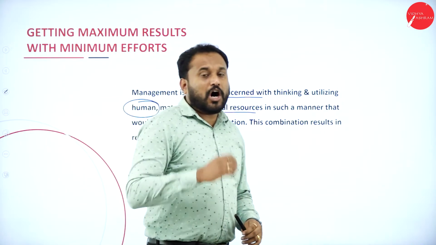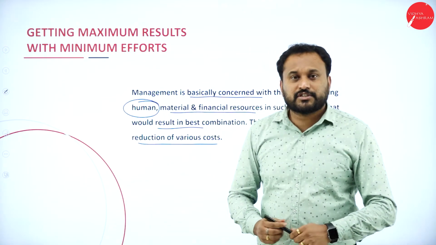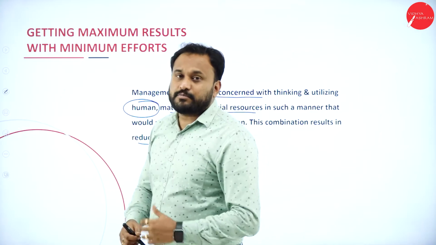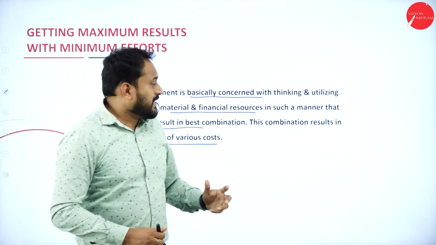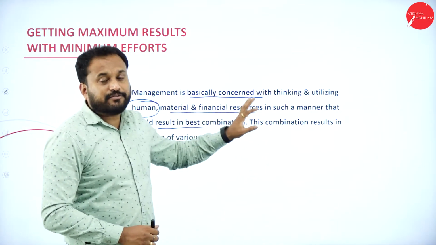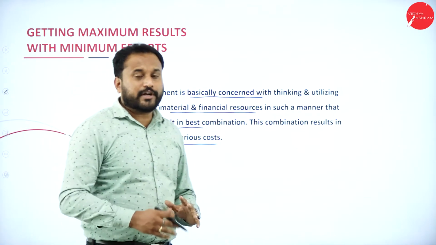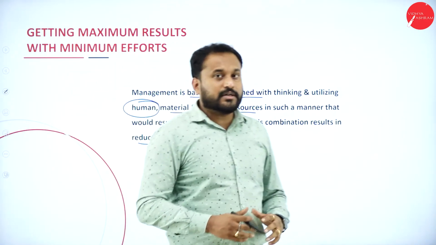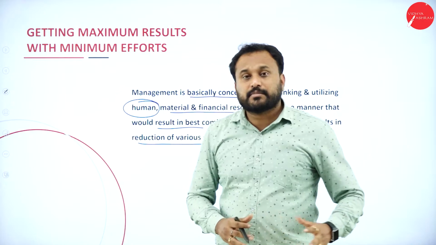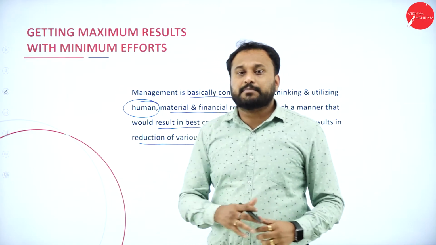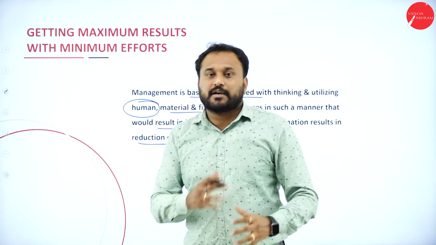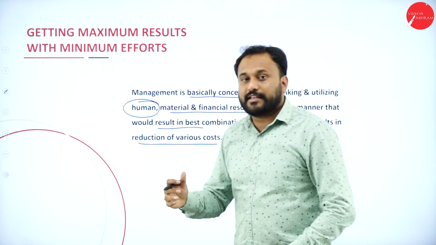That means optimum utilization of human, material, and financial resources. When you go for it, you'll be a smart worker, and you can get maximum results with minimal cost or minimal effort. So this is what it is.